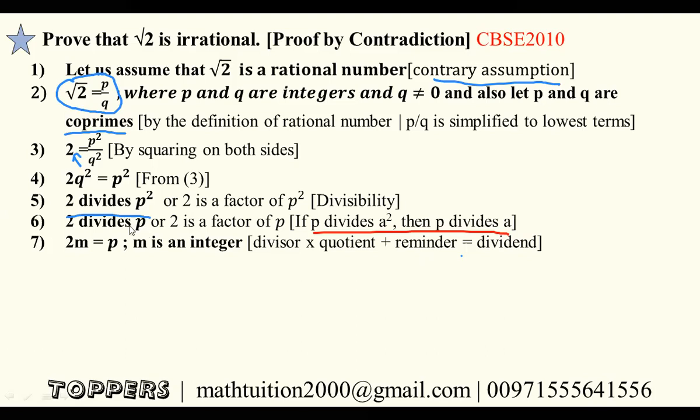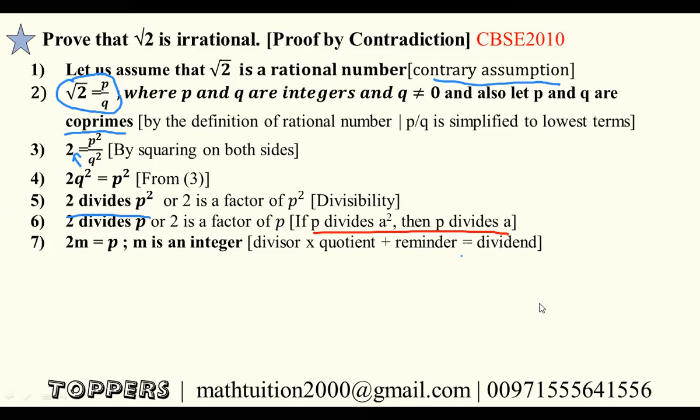Since P is divisible by 2, the remainder will be 0, so this remainder is not required. So divisor into quotient will give you dividend. Here our divisor is 2, so 2 multiplied by some integer, a whole number, we have to get the dividend. So this 2 divides P, we can always write it as 2 times some integer equal to P.